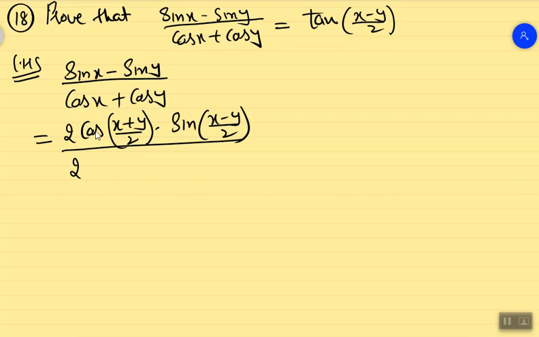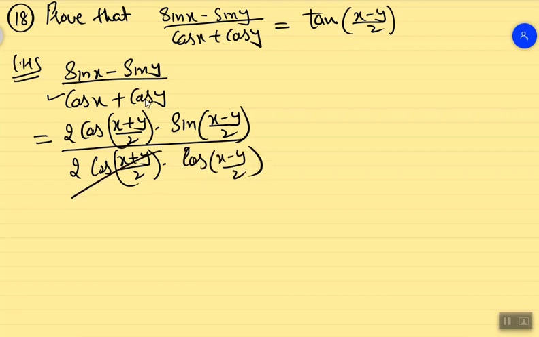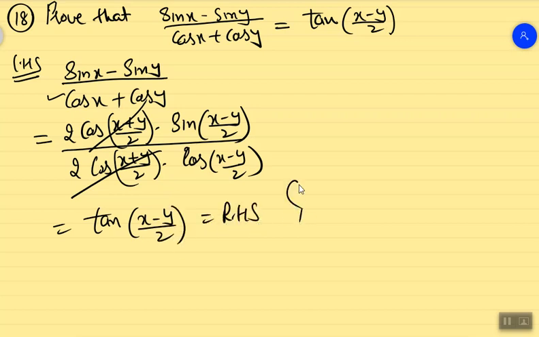Now in the denominator both are cos and there is a plus sign, so it is 2 cos (x plus y)/2 cos (x minus y)/2. This completely cancels out. Sine over cos is tan (x minus y)/2, equal to the right hand side. Proved.